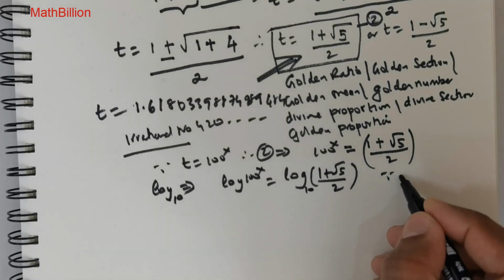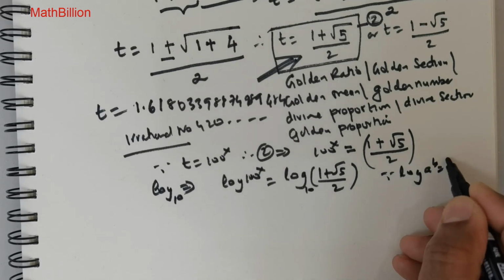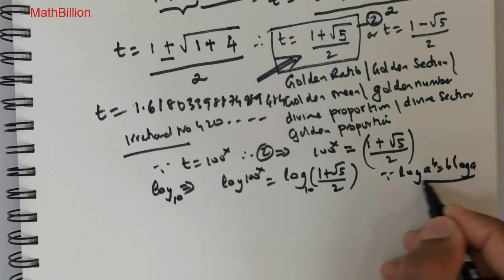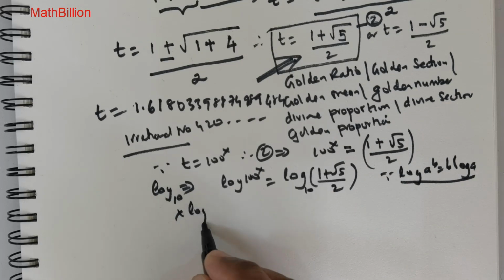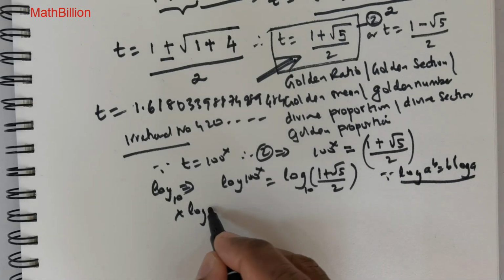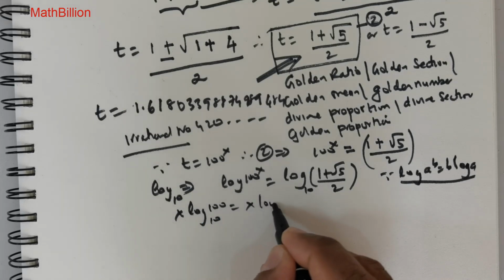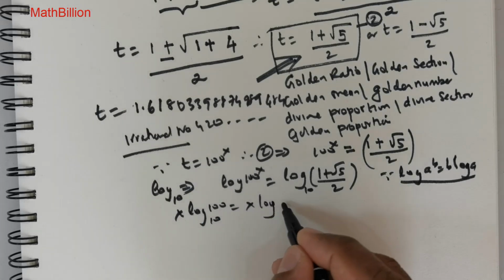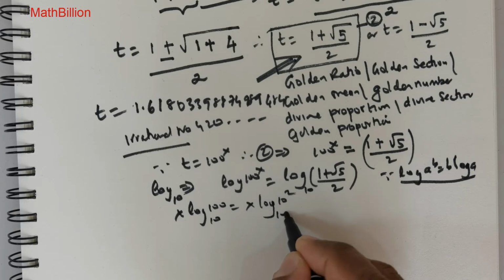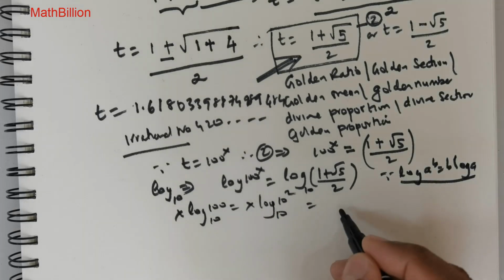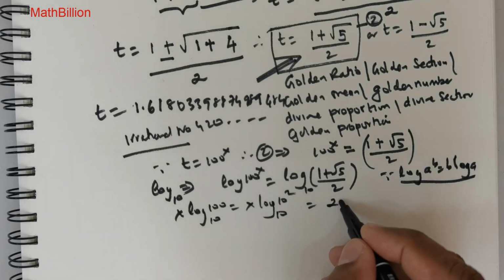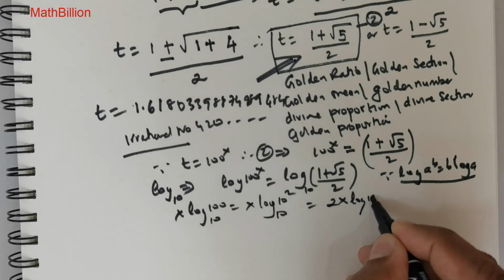And you know from logarithms, if you have log a^b, you can write it as b times log a. So this is going to be x times log 100 to the base 10. Now I can rewrite log 100 as log 10^2 to the base 10. I can again bring this 2 over here. This is going to be 2 times x log 10 to the base 10.